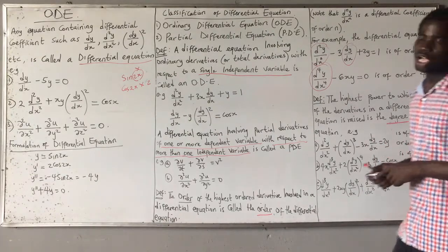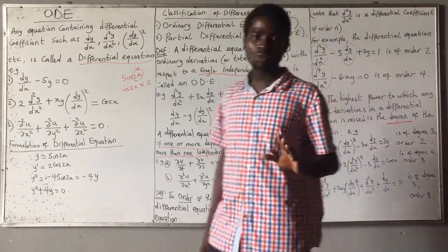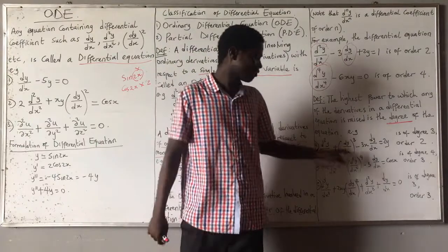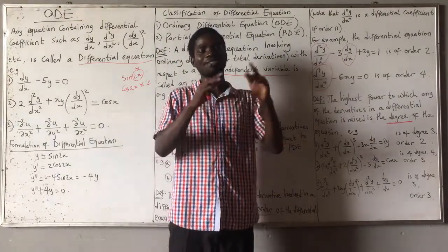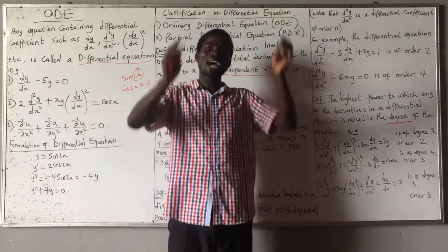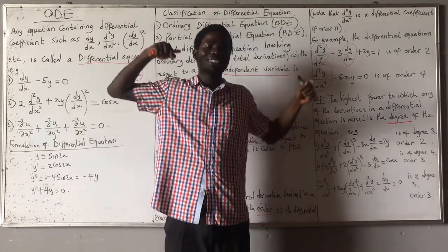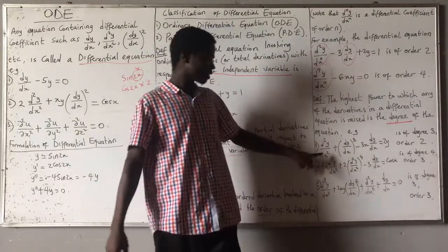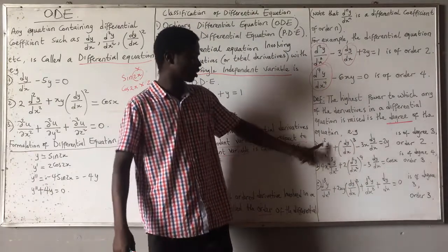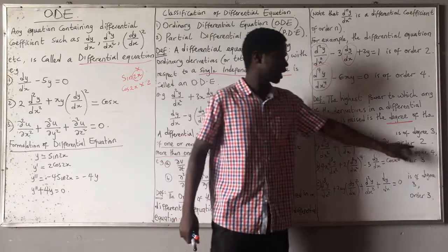Do you understand? You look at the differential equation, the derivatives, the one that has the highest power of them is the degree. In this case, the highest number of times they differentiated is 2, d²y/dx², so order 2.